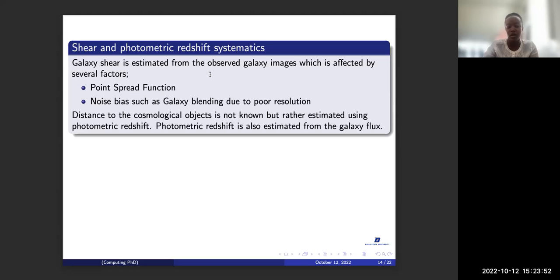It means we have to allow for the systematics involved. For the shear systematics, some of the factors that affect the accuracy of the shear catalog are the point spread function and noise bias, such as blending, that is the overlapping of galaxies, so we see two galaxies as one. This is another systematic, and it is due to poor resolution. As you observe the sky, the resolution is not so clear, so you can't tell if two galaxies are overlapping.